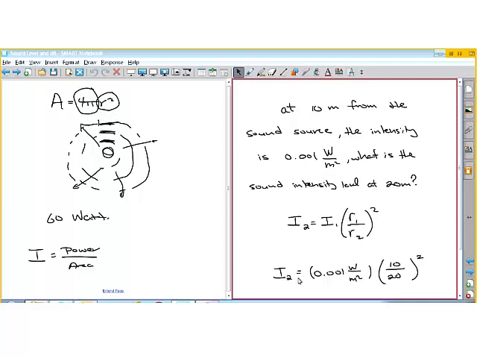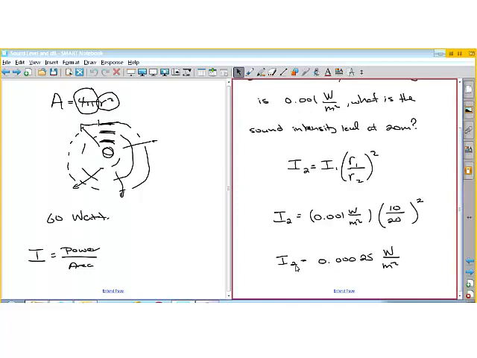So to calculate the sound intensity at 20 meters, you take the sound intensity at 10 meters and multiply by the ratio of the radii. The radius is 10 meters, and at 20 meters you put that in the denominator, and so at twice the distance the actual sound intensity is going to be 1/4.